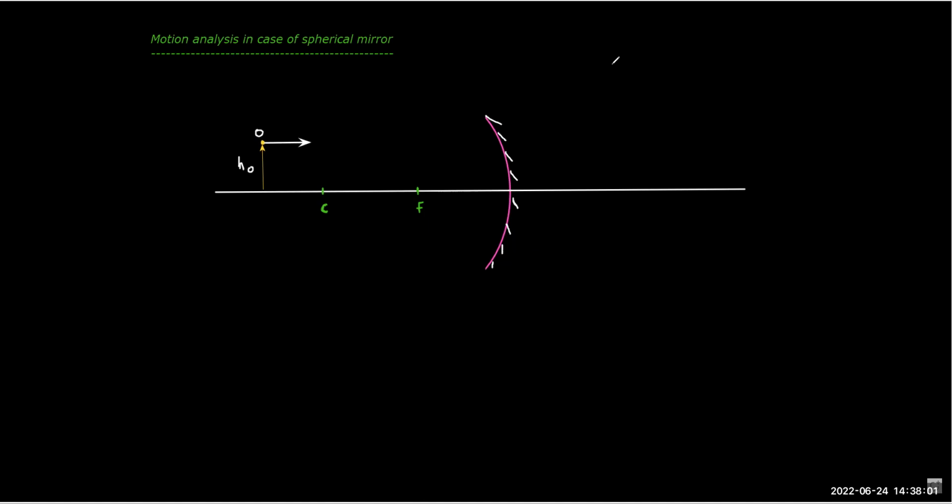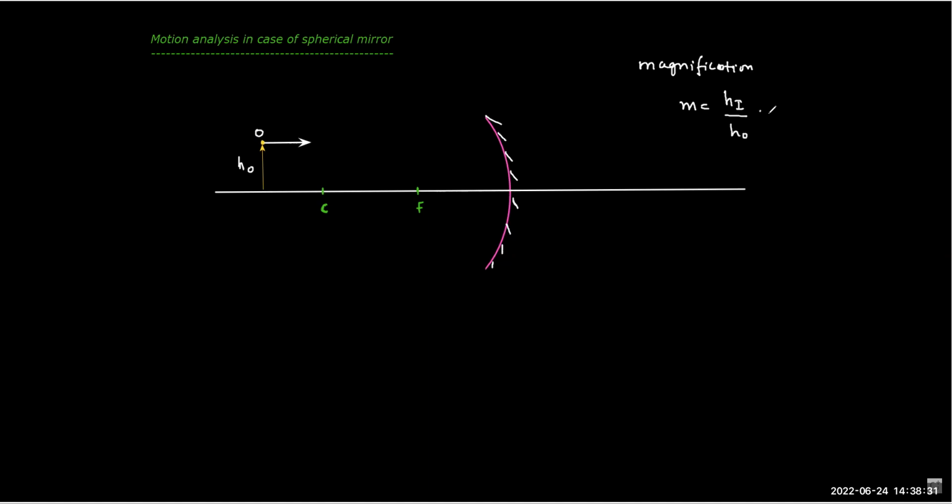So we need to go back to the definition of magnification. So let's talk about the magnification again. If you remember the magnification definition, which is pretty much straightforward, it's the size of the image upon the size of the object. So we can say hi, which we don't know as of now, upon ho.